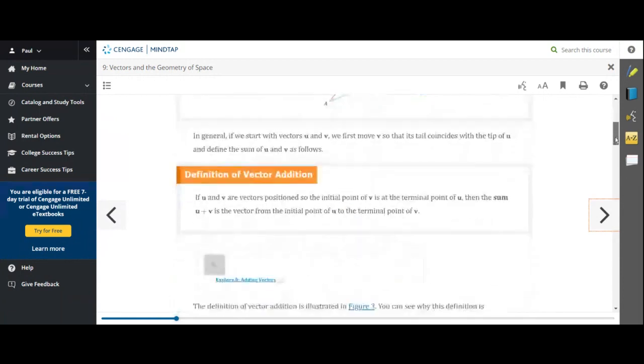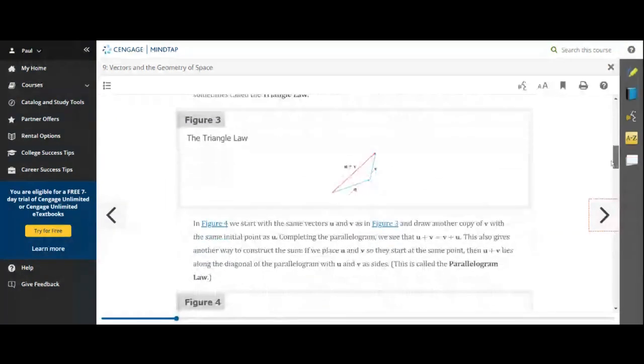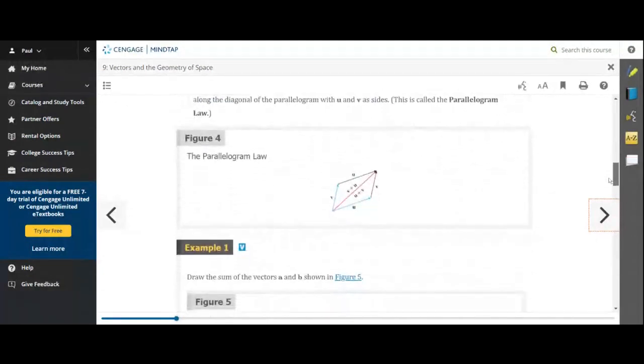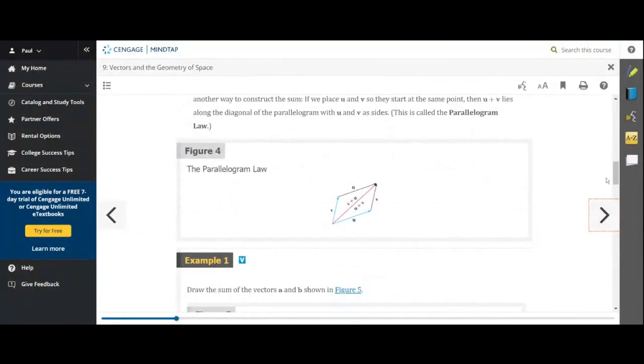If we go down here a little bit, you have what's called the parallelogram law, which just shows that you have a parallelogram on the bottom. The triangle of the parallelogram has vectors u and v, and the top triangle of the parallelogram has vectors v and u.